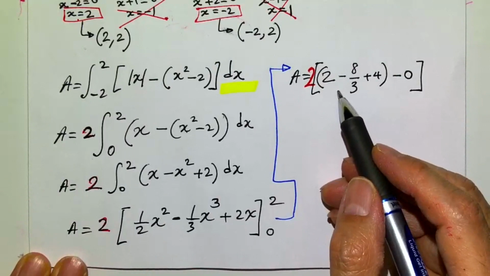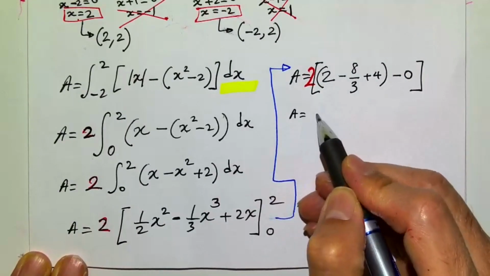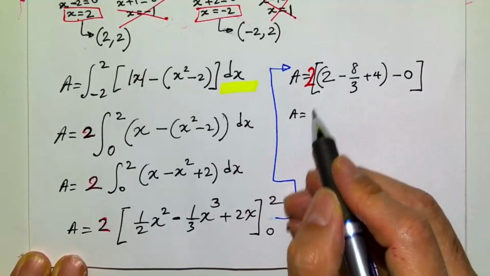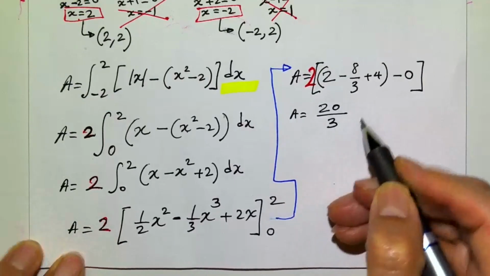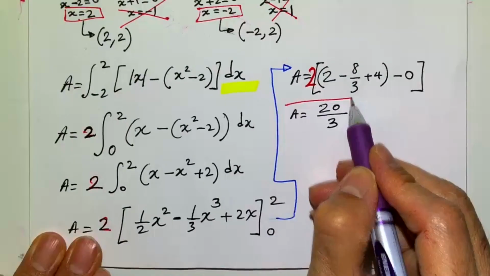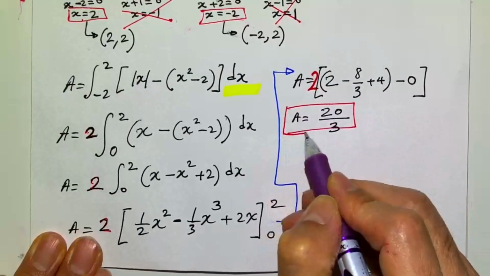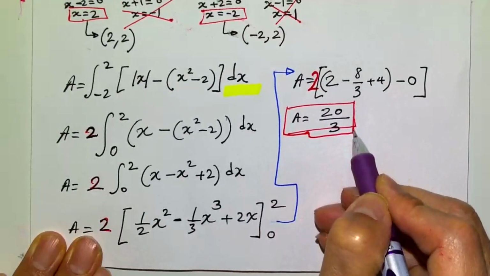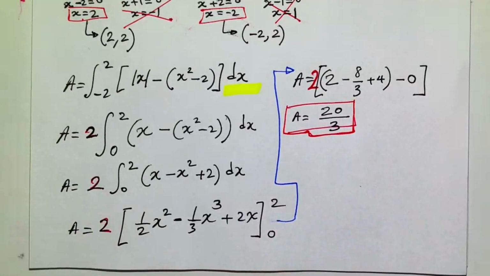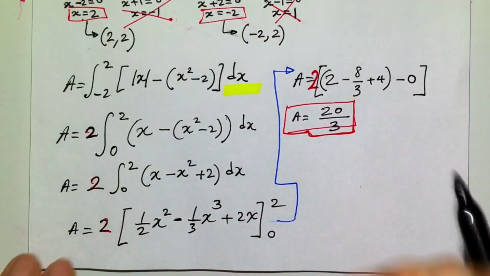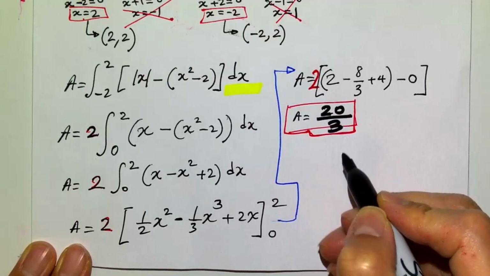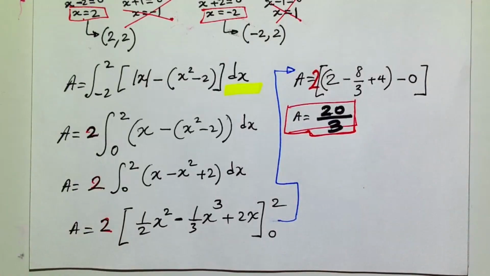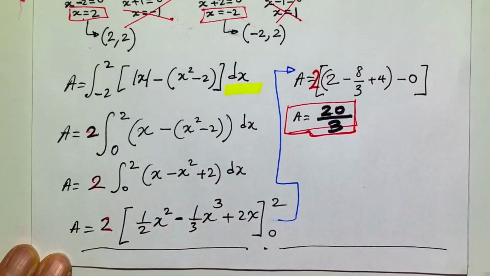So after we do the common denominator and do the algebra, we should get 20 over 3. Since my red ink inadvertently went through it, let me correct it with that. 20 over 3. Okay, so that's that.